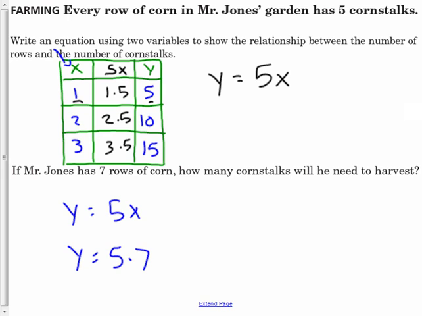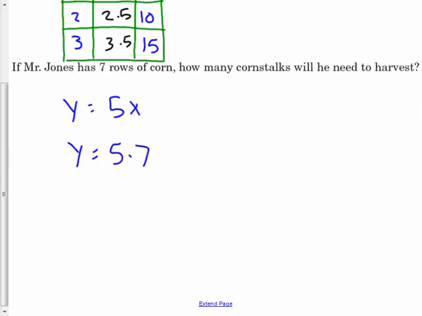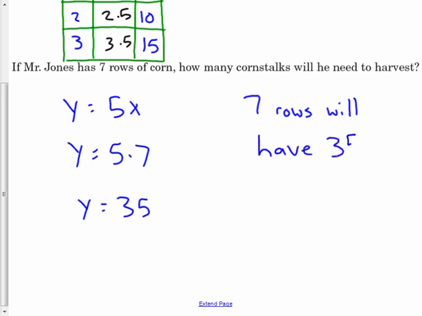And I know that 5 times 7 equals 35. So I can say that 7 rows of corn will have 35 corn stalks.